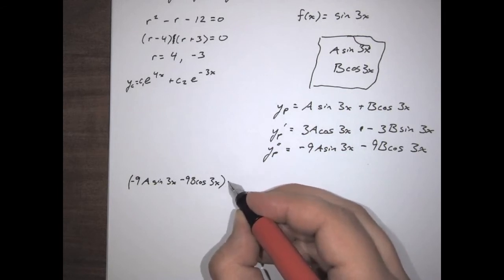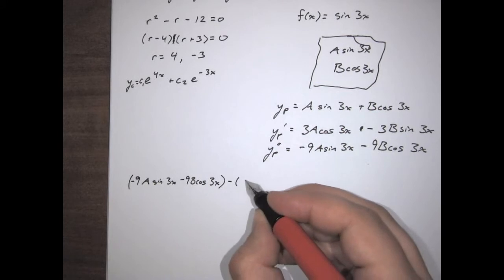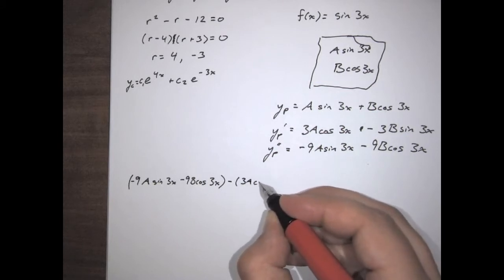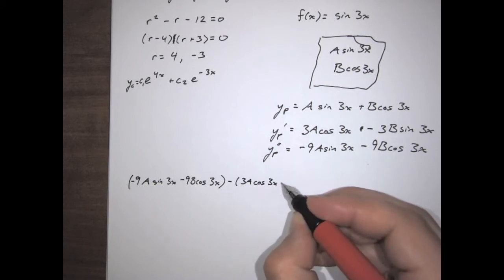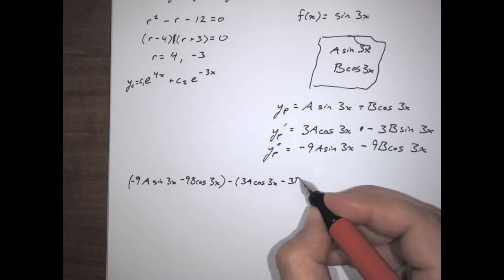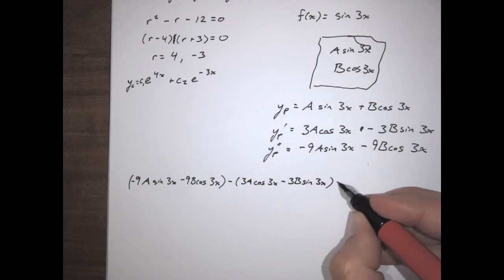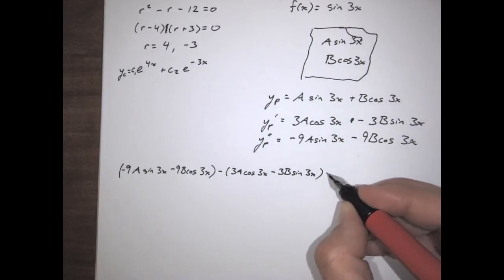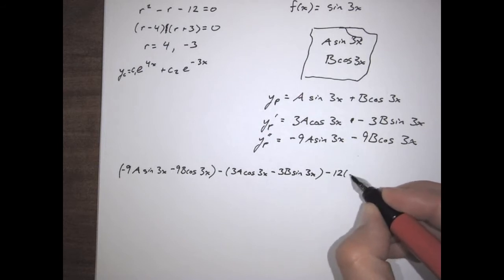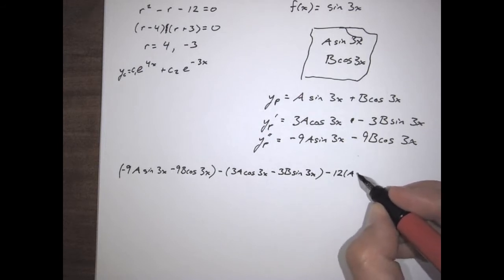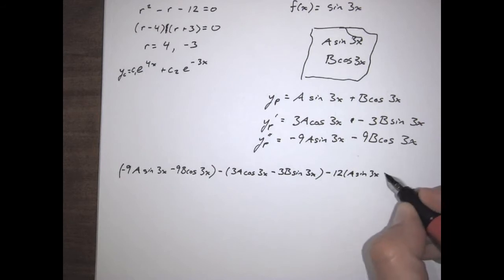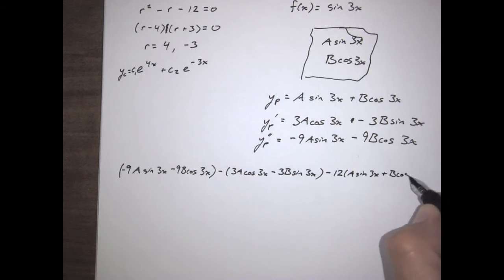That's going to be y double prime. Minus y prime: 3a cosine 3x minus 3b sine 3x. That's y prime. And then minus 12 times y, so it's 12 times a sine 3x plus b cosine 3x. And that all equals sine 3x.